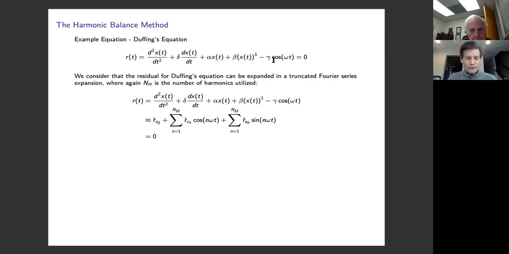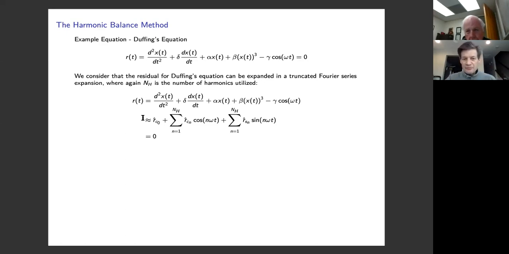The first thing we do is consider that the residual of the Duffing equation itself can also be expanded in a truncated Fourier series expansion. So the equation itself is considered as a Fourier series expansion, and then we want to set that to 0.